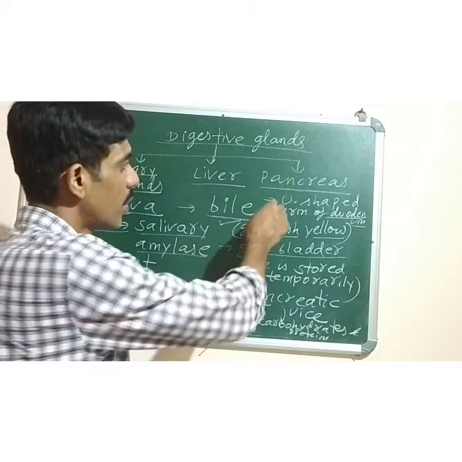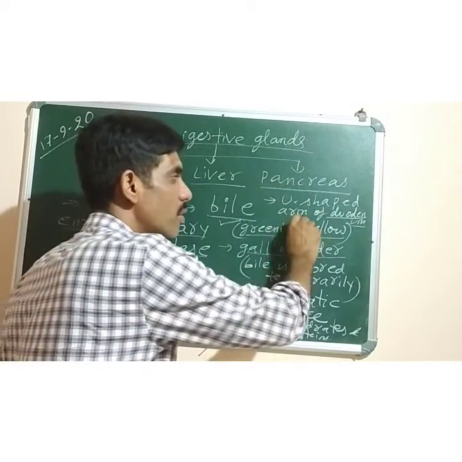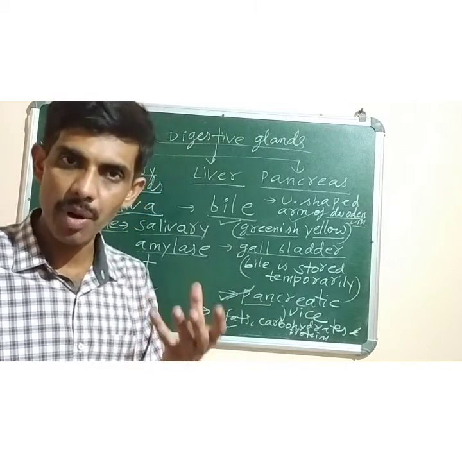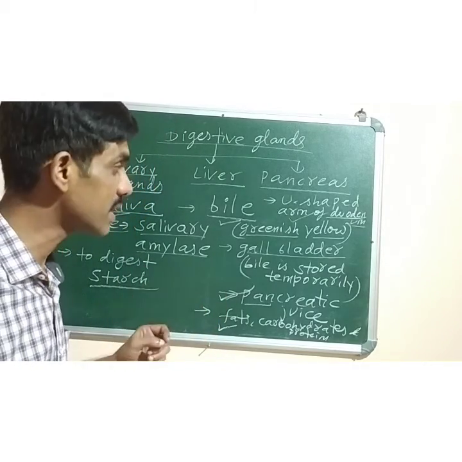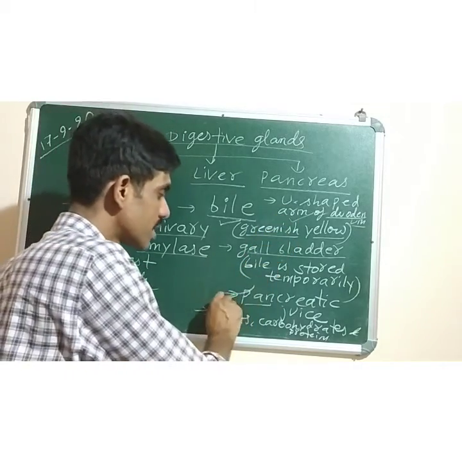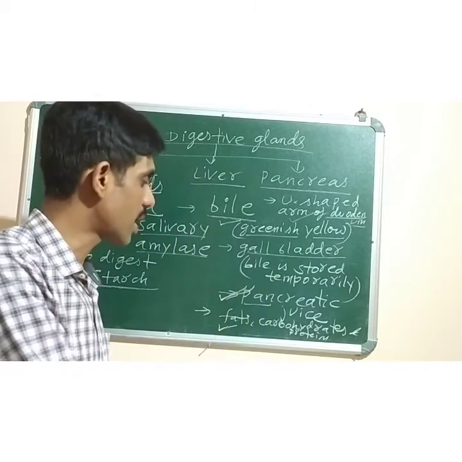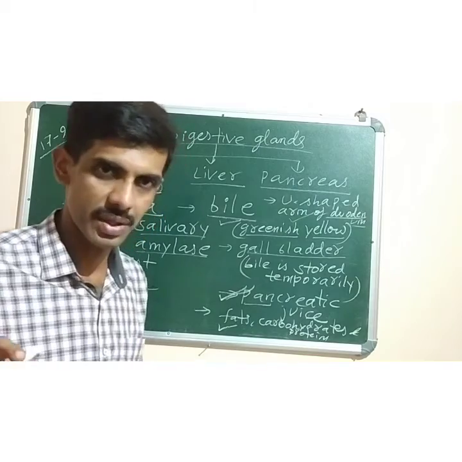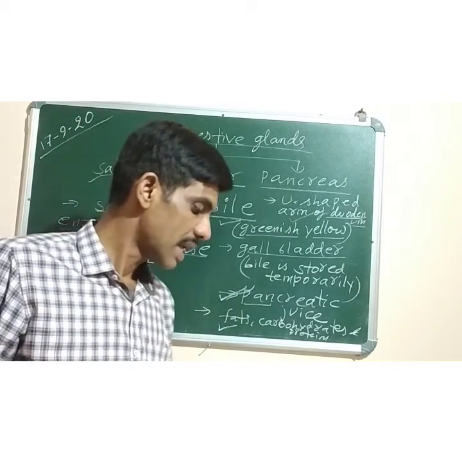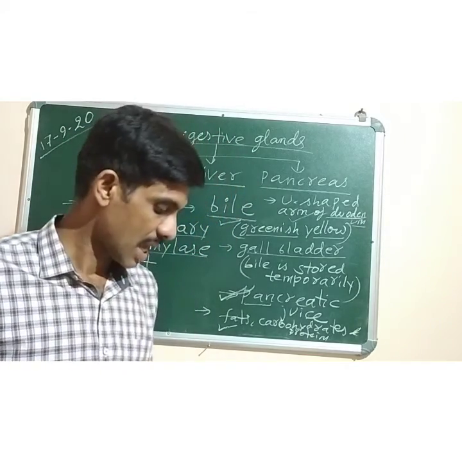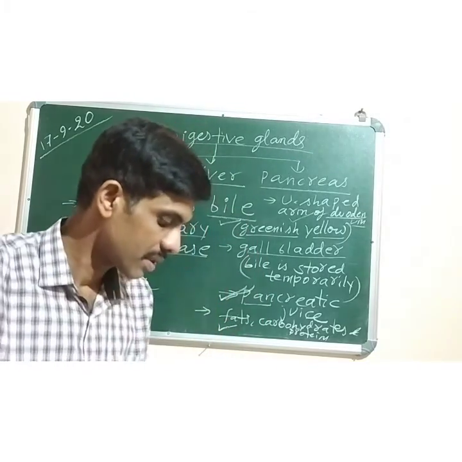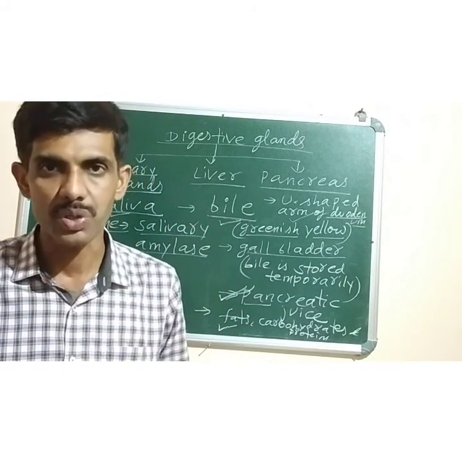Then the third one, that is pancreas, found in the U-shaped arm of duodenum, which is a part of a small intestine, and it produces a juice called pancreatic juice, which helps in the digestion of carbohydrates, proteins and fats, all the three. So today this much only. Next we have to study is about the nutrition steps and process. Okay.